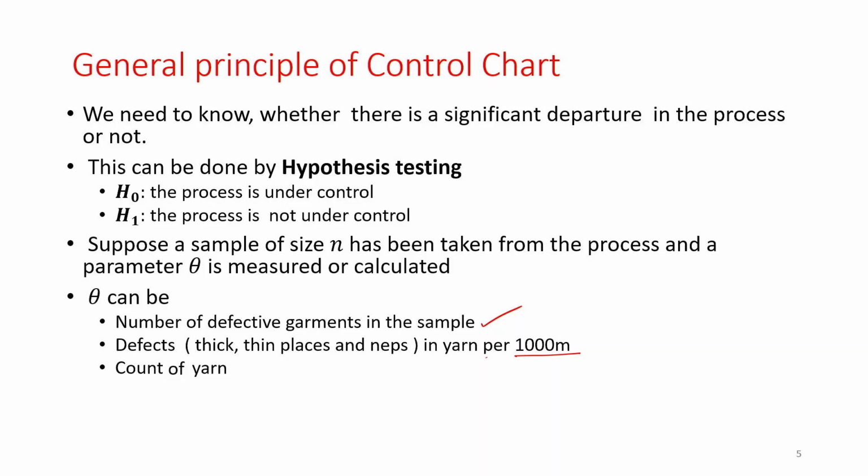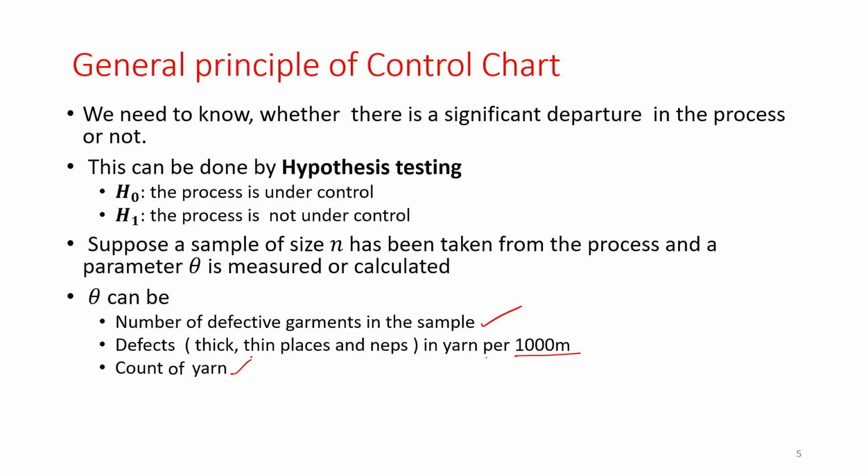So we keep counting the defects over 1000 meter of yarn, and we do it over a period of time and find out how the defects are distributed, whether their number is more than expected or not, things like that we can do. Similarly, it could be the count of yarn.